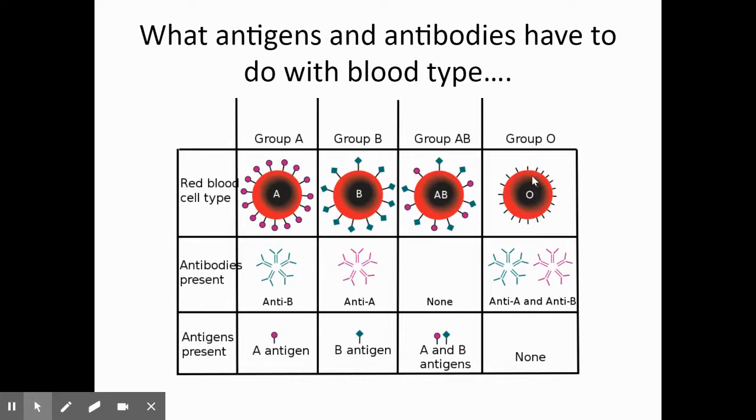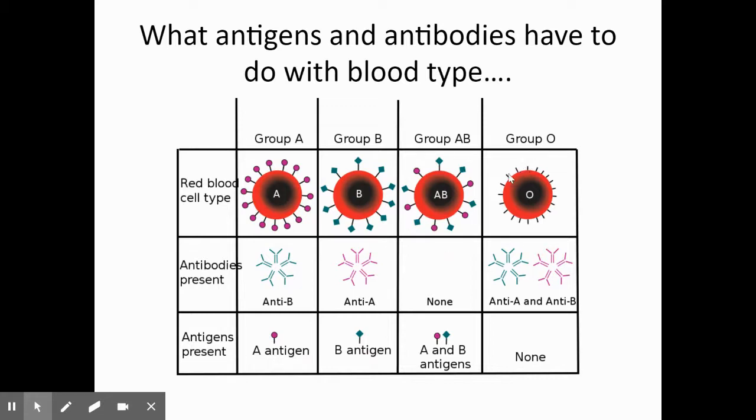So if I were to put this blood cell into this person, it would work. So type AB individuals are called the universal recipient. They can receive blood from anyone. And the reason why they're able to do that is they do not have antibodies. All right, let's take a look at group O.